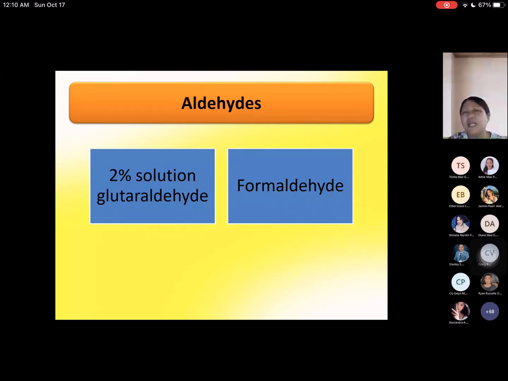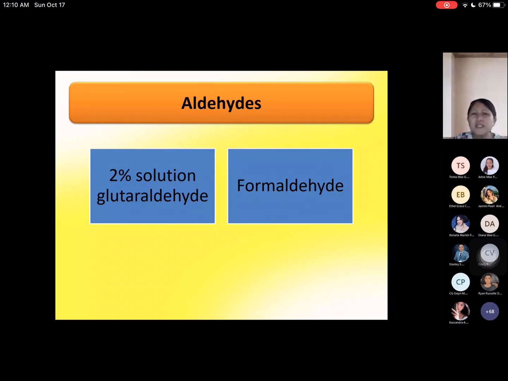But to make it less irritating, he usually adds a mint, like a perfume, or turpentine, I think, or a mint to neutralize the odor, so it doesn't smell too bad. So formalin, of course, has a side effect: it is carcinogenic.